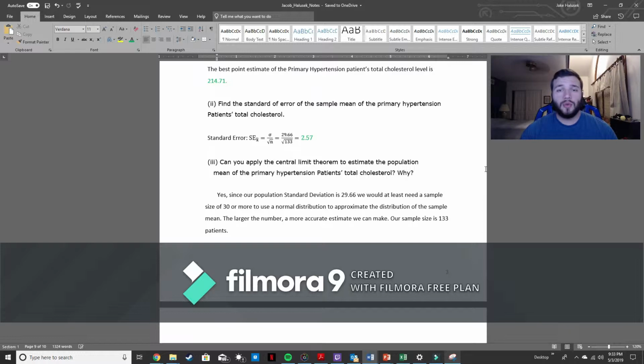The larger the number we have, the more accurate an estimate we can make. We have a sample size of 133 patients, so we are well over the needed number of patients in order to use the central limit theorem.